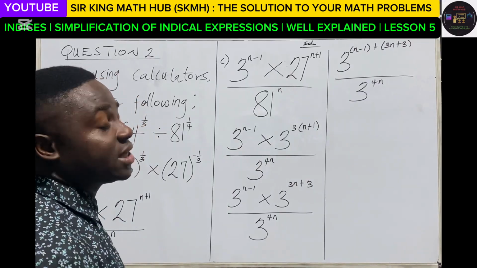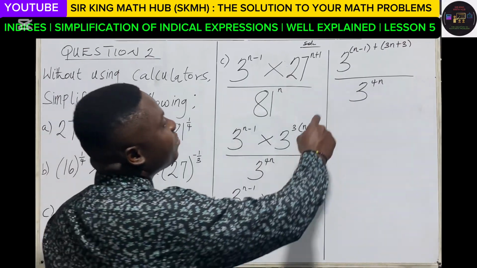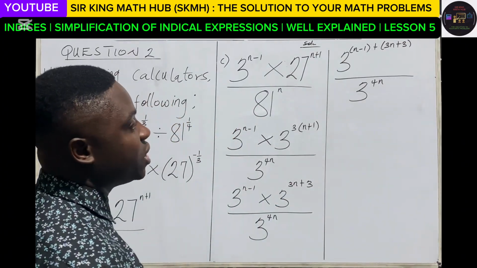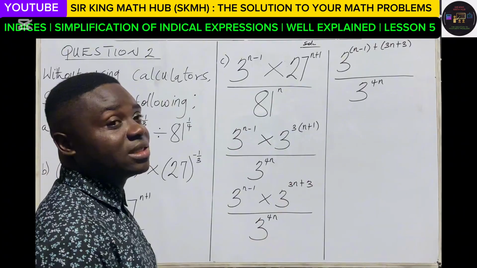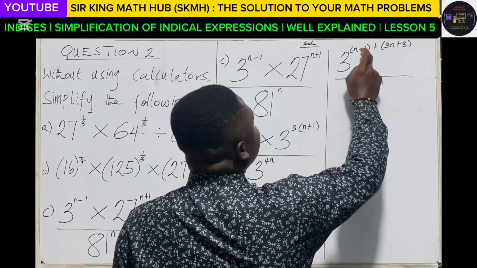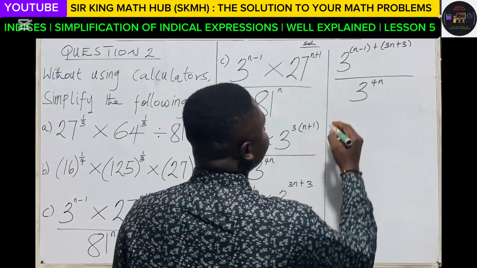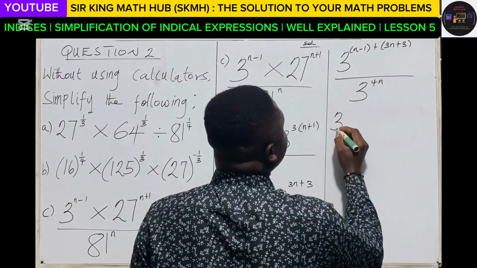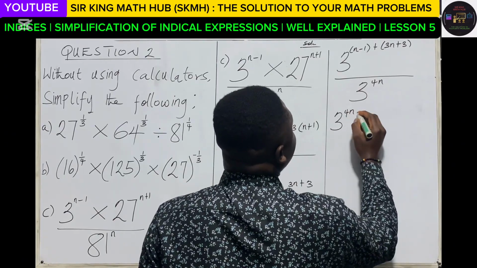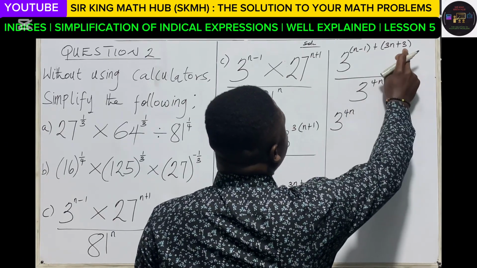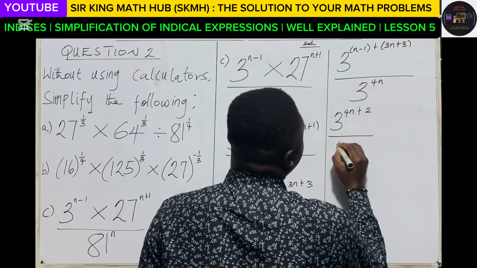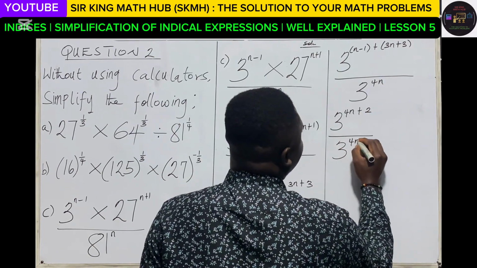Remember from the second law of indices that when the bases are the same and they are divided, we subtract the index. But before we do that, let's simplify the exponent for the numerator. We have n plus 3n, that is 4n, and then minus 1 plus 3, that is plus 2, all divided by 3 exponent 4n.